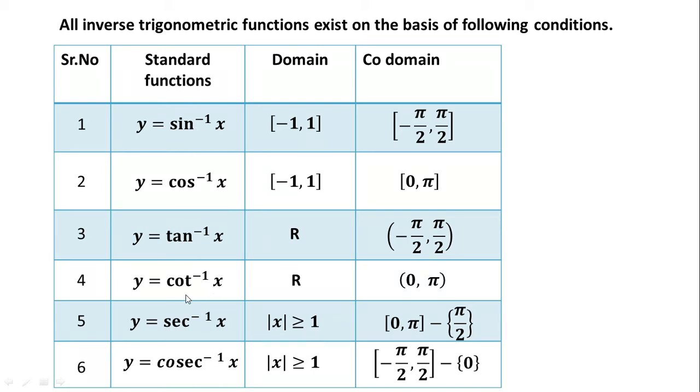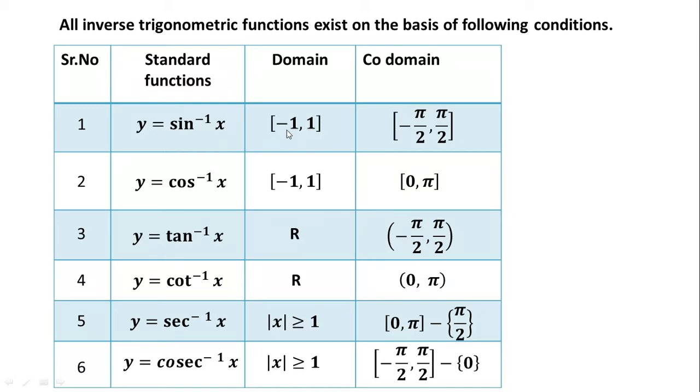standard inverse trigonometric functions, and on the basis of the existence of the inverse of any function, we have to select the domain and codomain. Means before defining sine inverse x, you must know the domain and codomain.